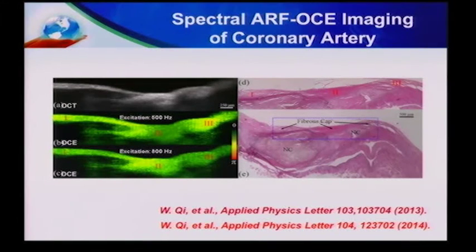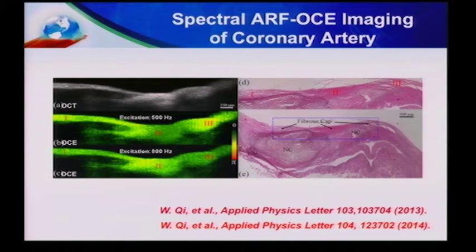So when we apply to cadaver tissue with atherosclerosis, you can see that here you have a fibrous tissue, and it has a very loose structure, and here you have a dense fibrous tissue. When I excite at 500 hertz, at low frequency, the loose portion will get highlighted because it is in resonance, and the dense portion has much smaller amplitude.